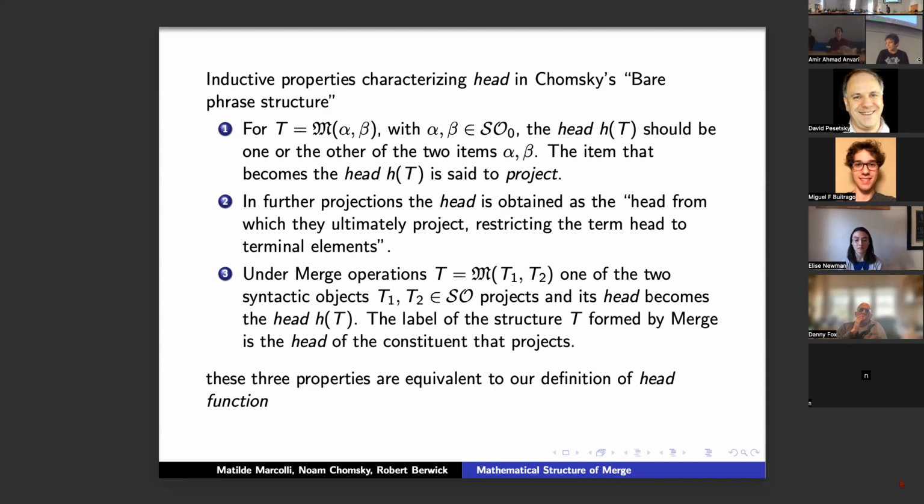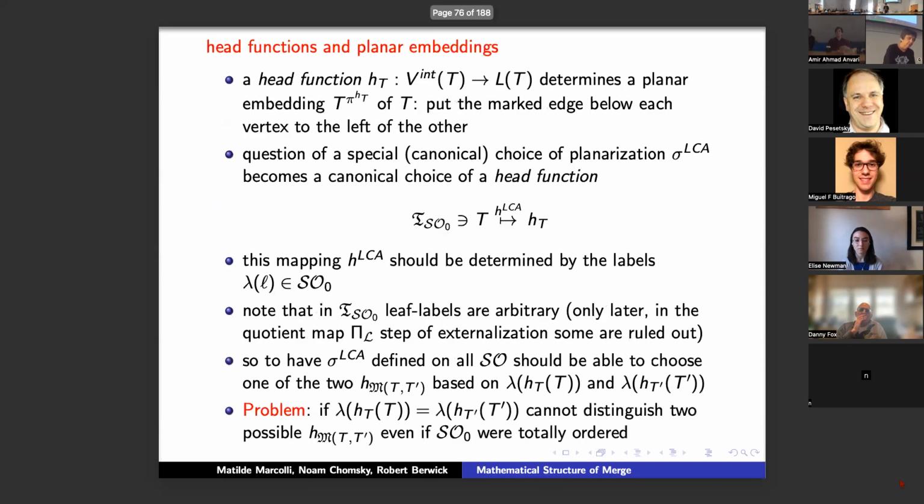And of course, I said that there are all of these choices of a head function. In particular, another observation that's very simple is that if I give you one head function, again, let me think of it as assigning black and white colors to each pair of edges below each vertex. It's also the same as giving me a planar structure of the tree. Because now I can say, okay, how do I embed my tree in the plane?